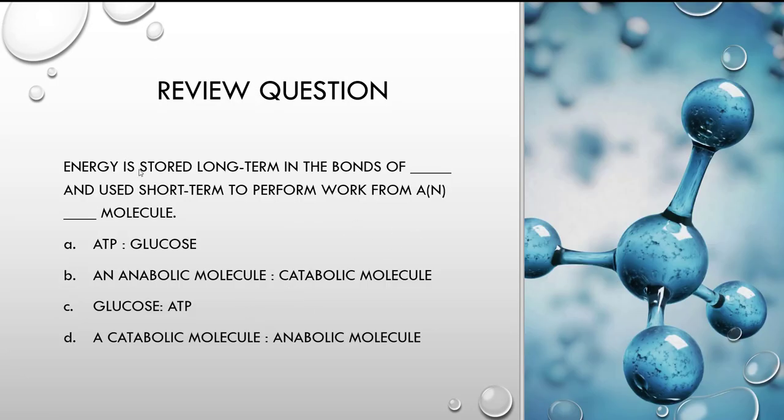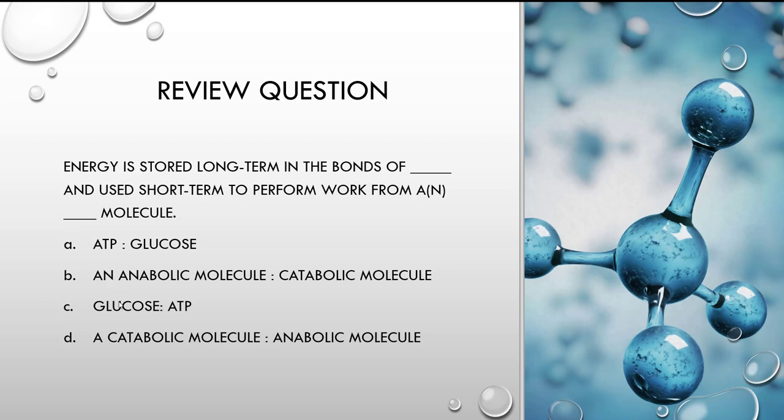Energy is stored long-term in the bonds of blank and used short-term to perform work from a blank molecule. Is it energy stored long-term in the bonds of ATP and used short-term to perform work from a glucose molecule?